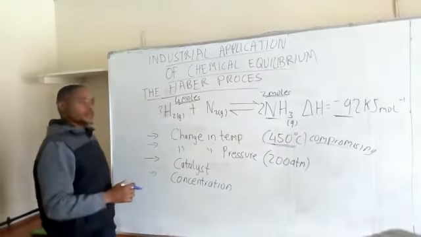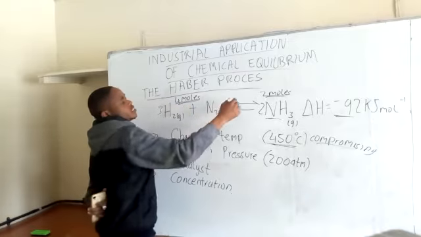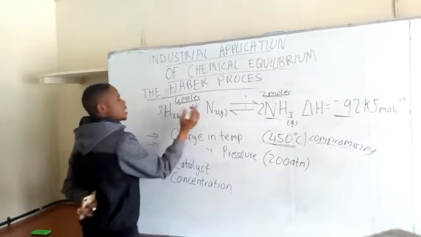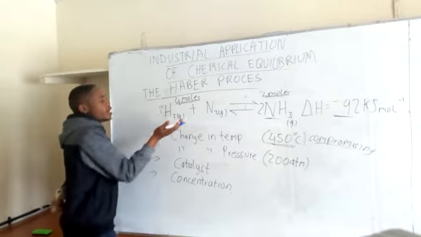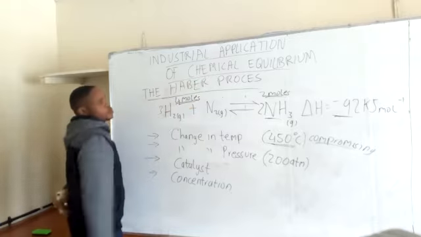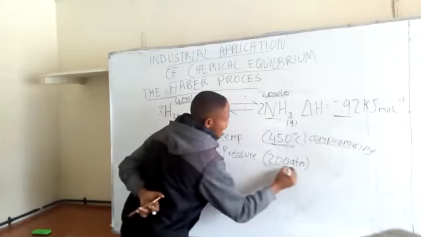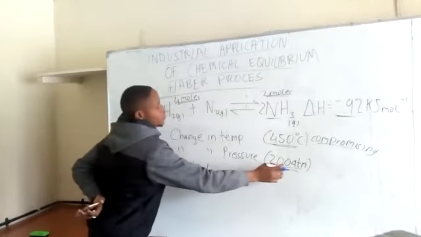So increasing the pressure will favor the forward reaction, which is going to shift the position of the equilibrium towards the right, because the reactants are more bulky than the product. So that's why they are using higher pressure.